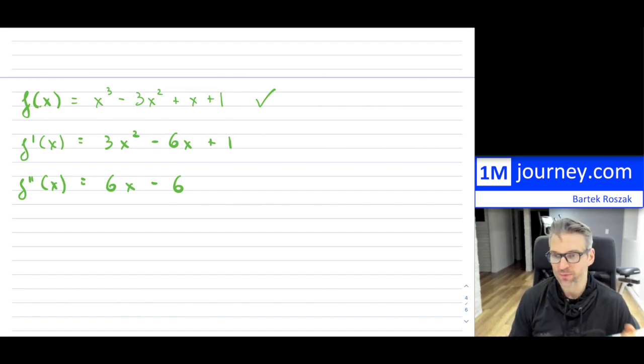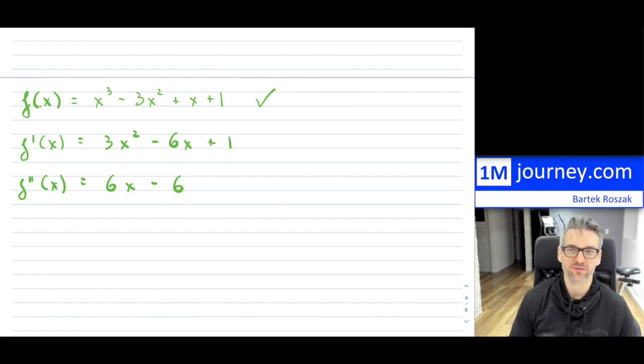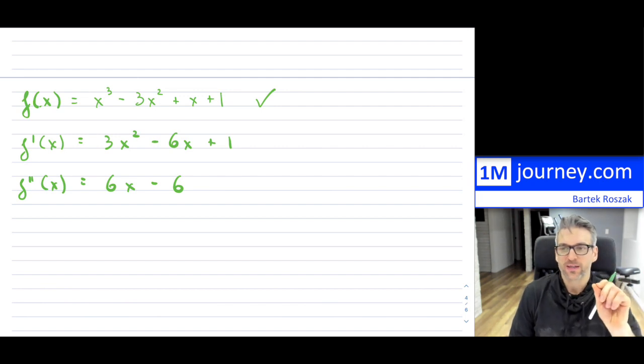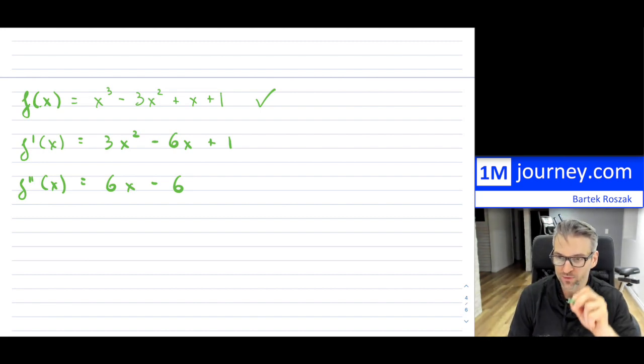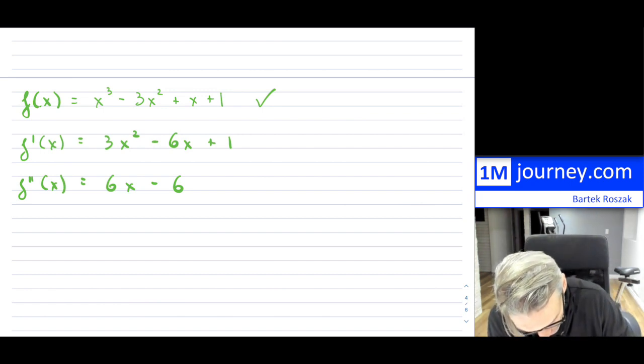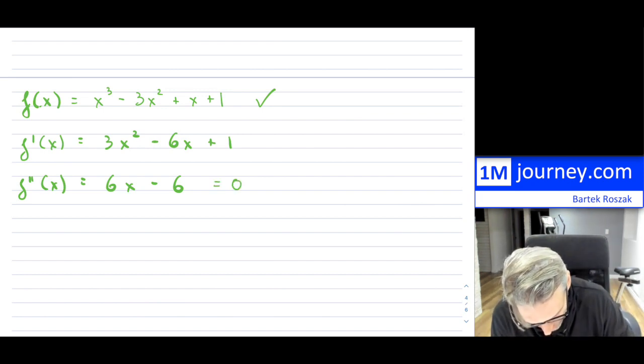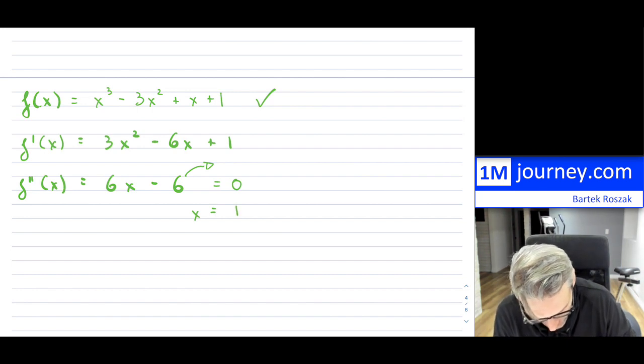Now we want to see where this function is concave up and concave down, and then we can do much more as well. So first, let's concentrate on what's happening in terms of concave up and concave down. If I set this equal to 0, that's not very difficult. If I bring this over to the other side and divide by 6, I'm going to get x is equal to 1.